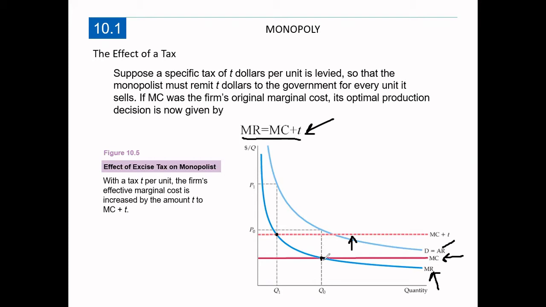The first curve represents the marginal cost with the marginal revenue, and this is the original quantity. If I add taxes, there will be another curve, reflecting marginal cost plus the taxes, and then I will have a higher price.